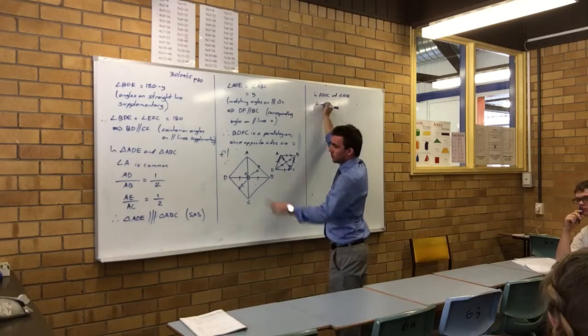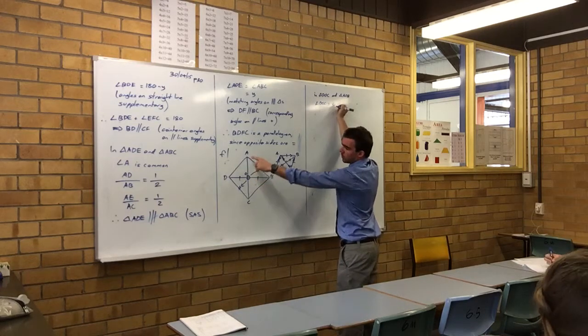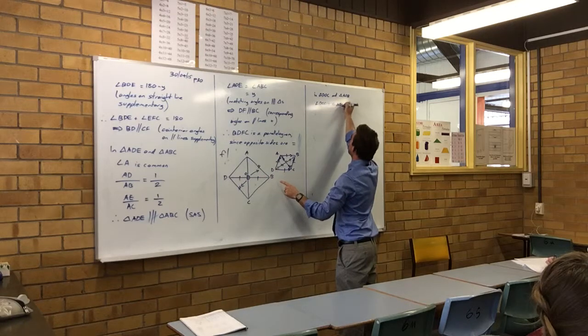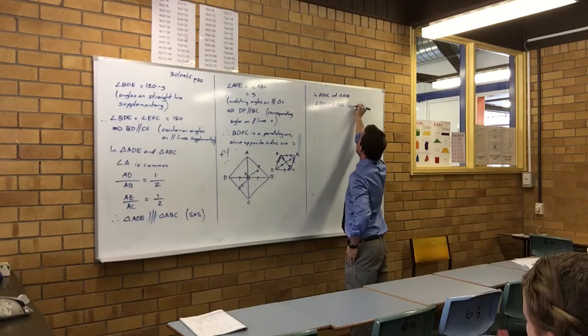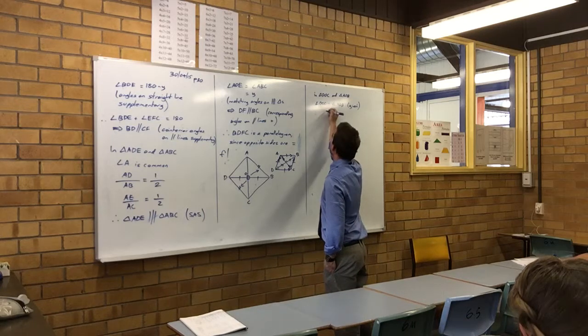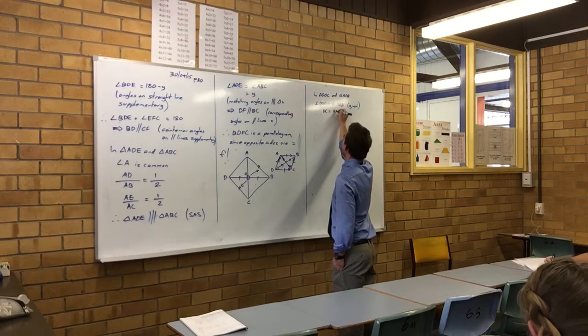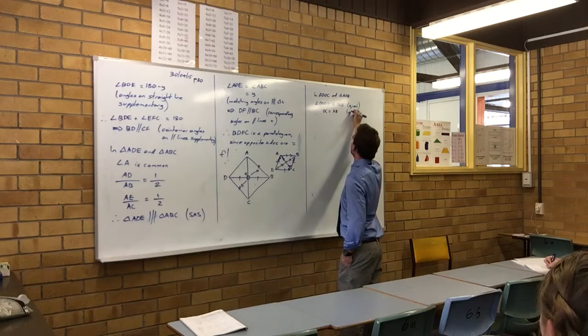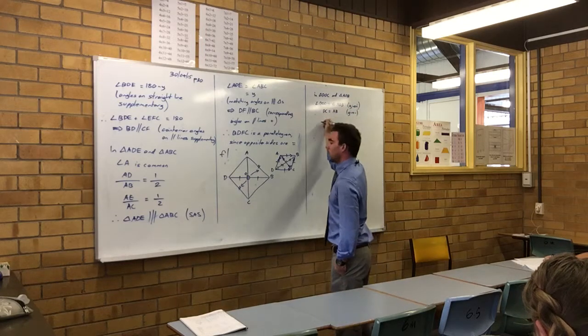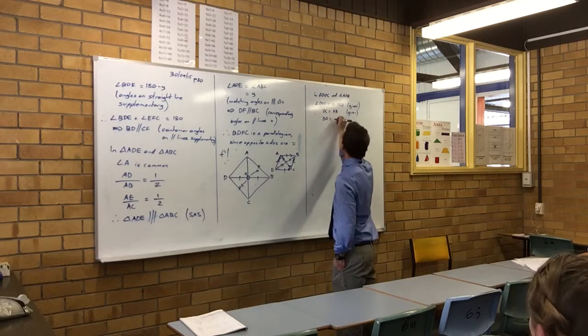Alright, so angle DOC is equal to angle AOB. Alright, this was given. DC is equal to AB, also given. And DO equals OB.